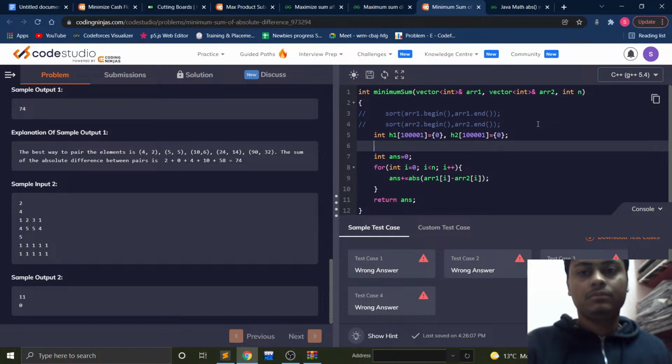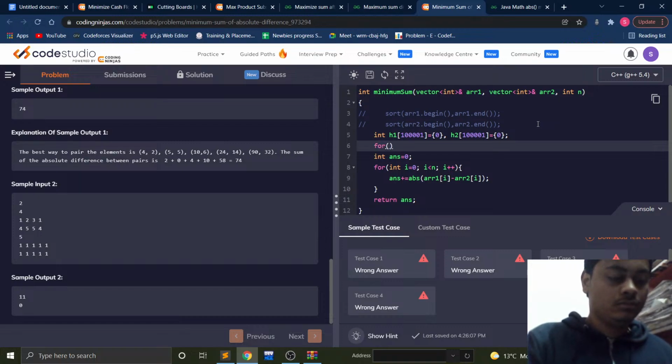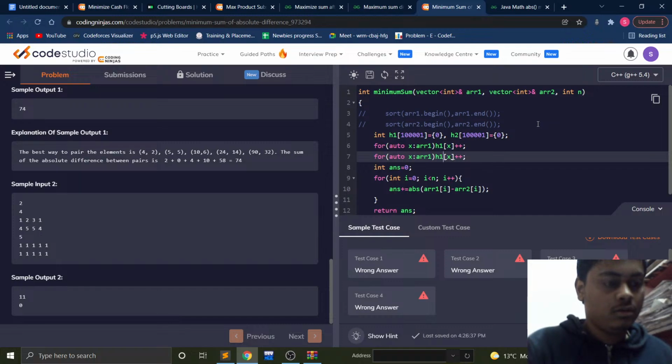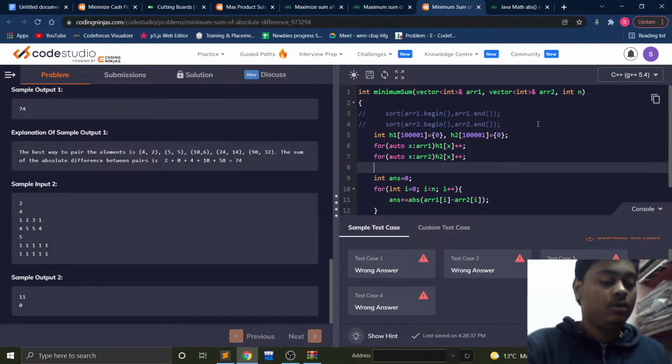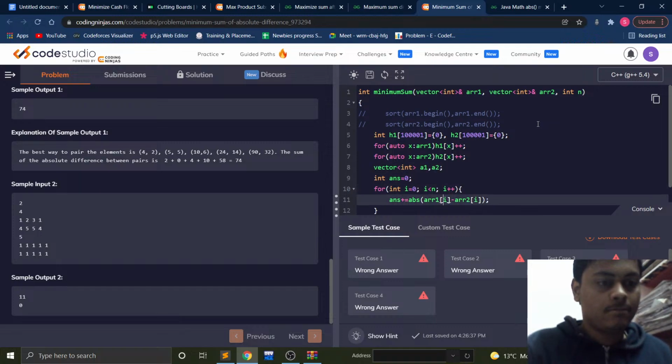Now for x in array 1, h1 of x plus plus, and similarly for the second array. Now I can make a vector of a1 a2. How to construct this a1 a2?